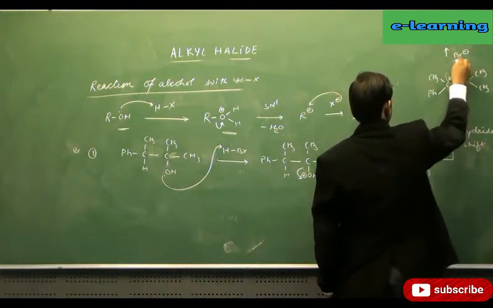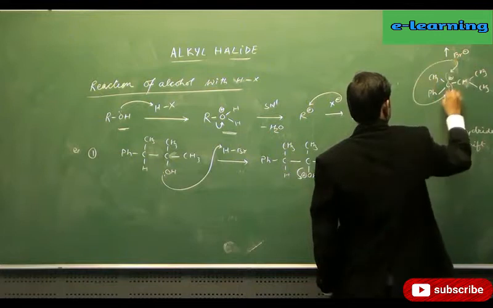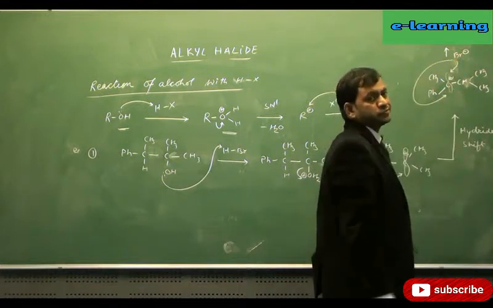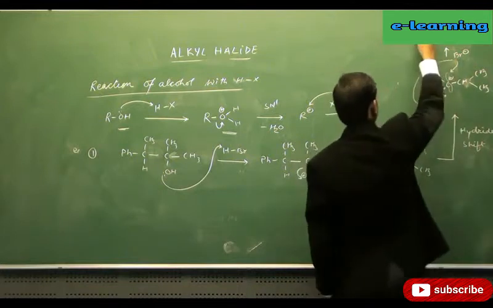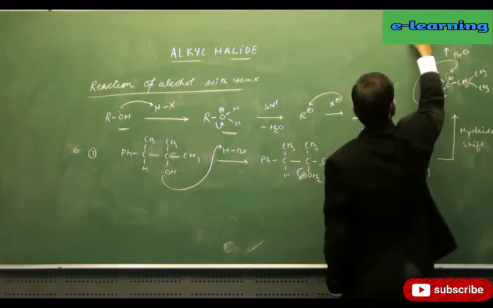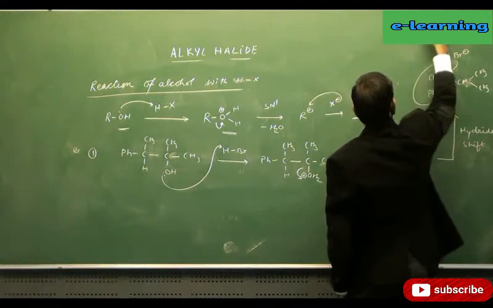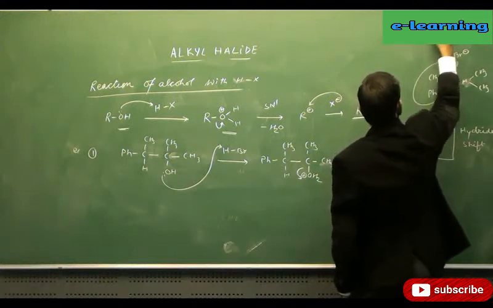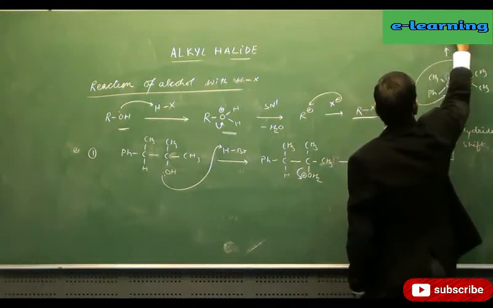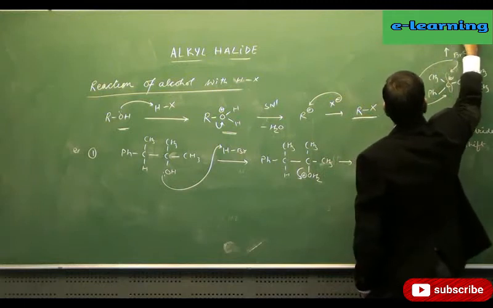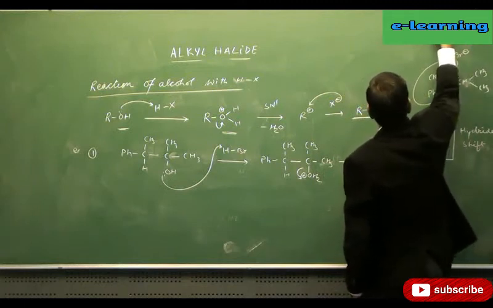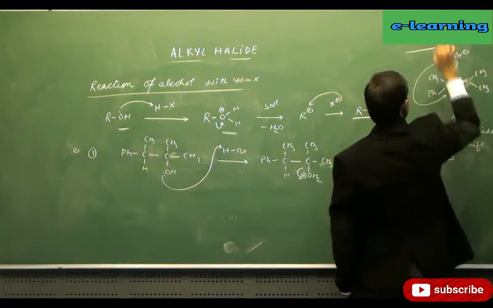This is trigonal planar. It may attack from the front, it may attack from the back. So it gives the two products, with PhCH3 and Br, with R and S configuration.